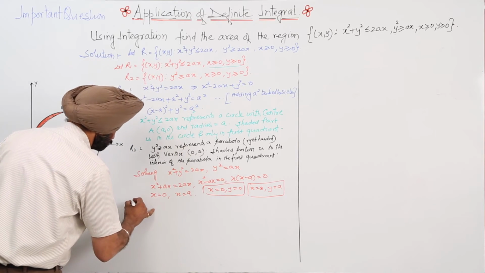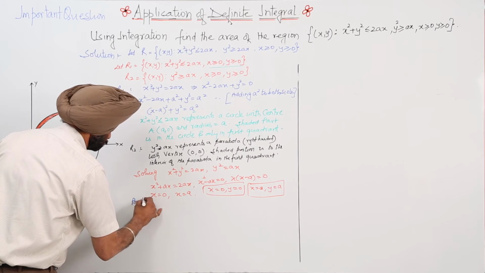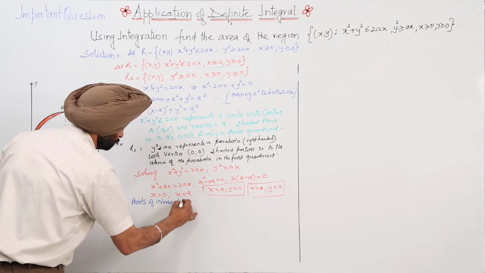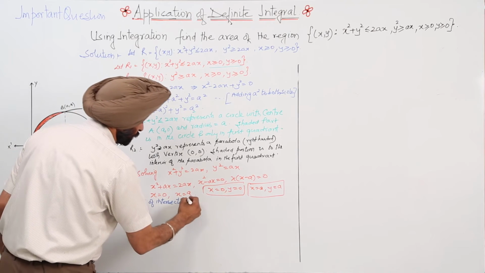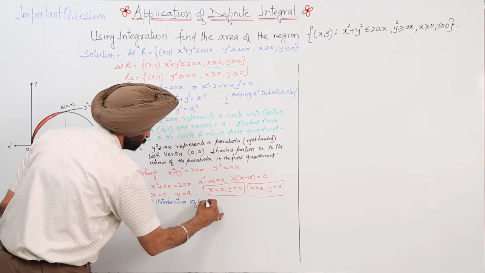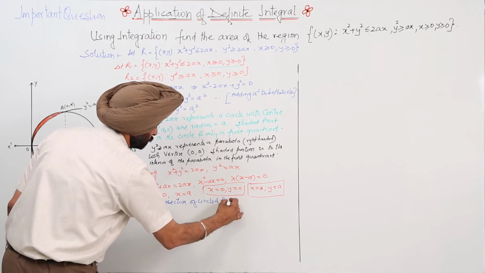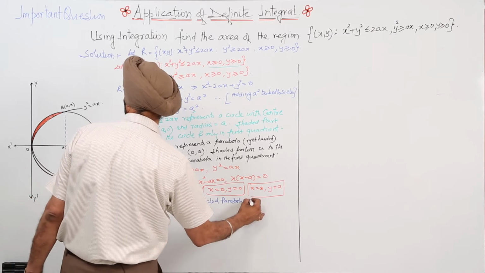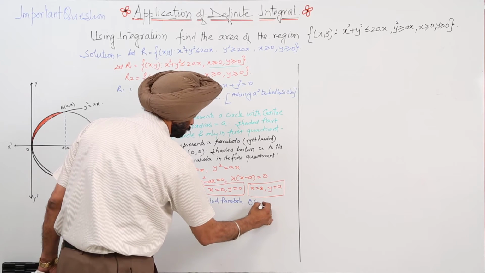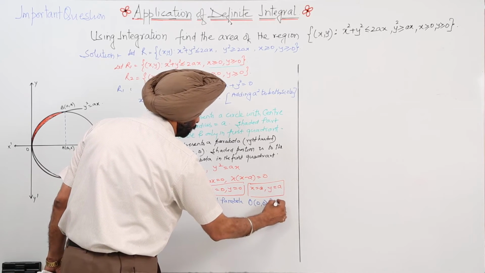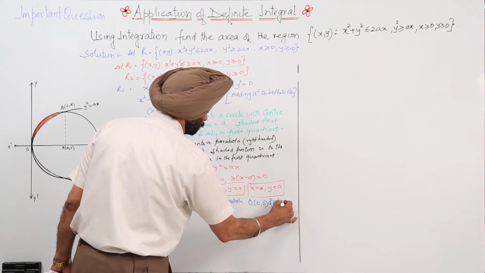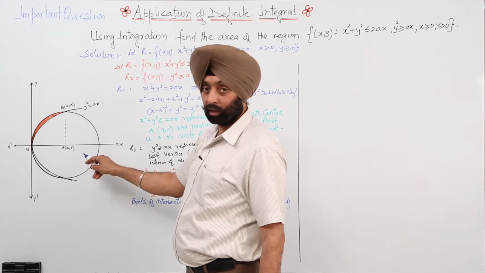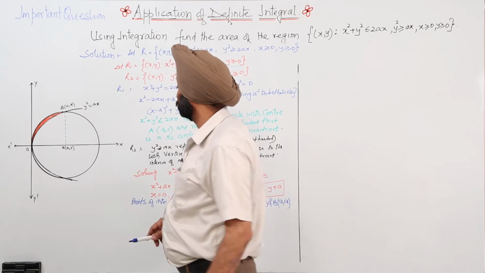So points of intersection of circle and parabola are at the origin and at B (a, a). Here in the figure, B (a, a) and at the origin here.